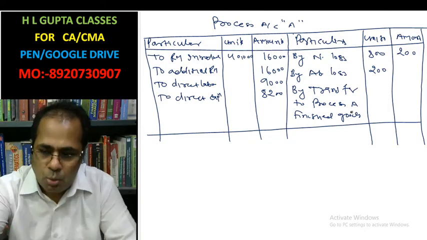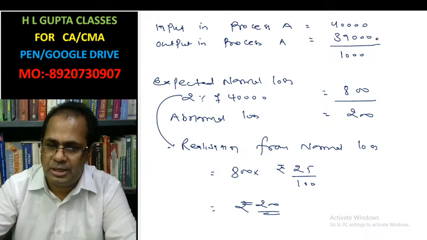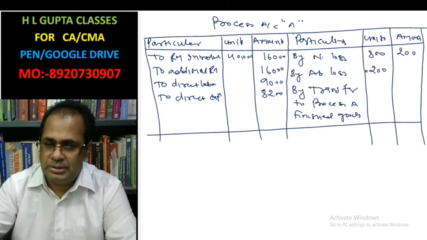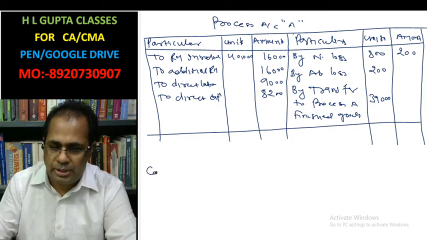What is the transfer here that I have already made? This is 39,000. Now what is the cost per unit?